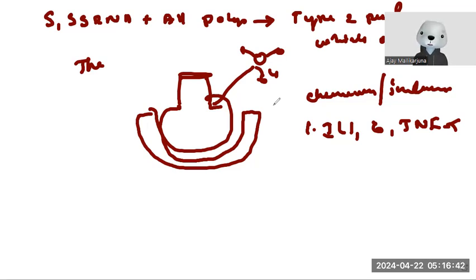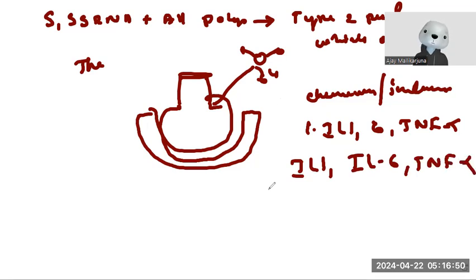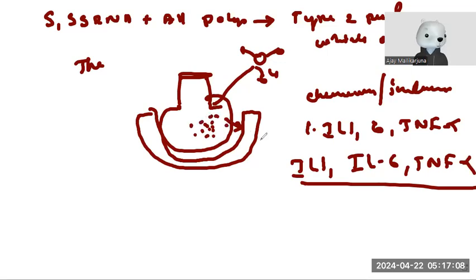These three will leak into the endothelium cells. After they enter, finally there is leakage. These interleukins are leaking into the blood.